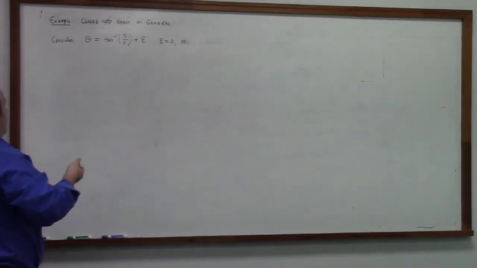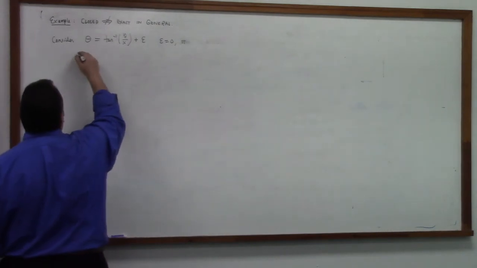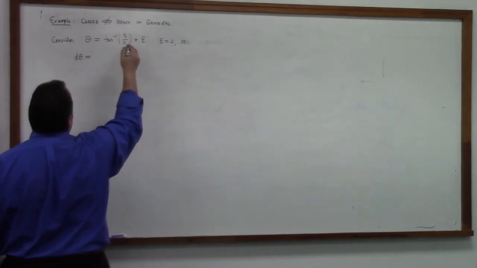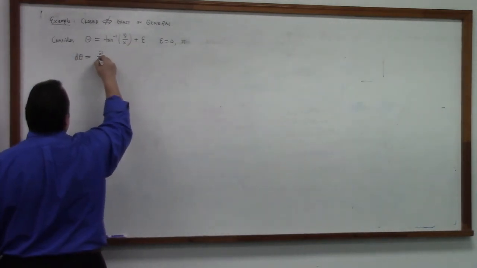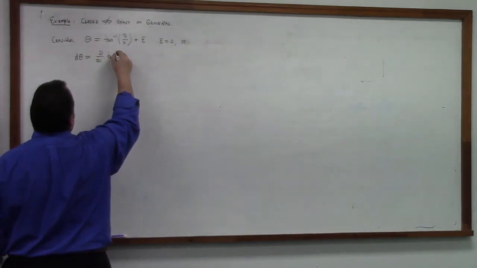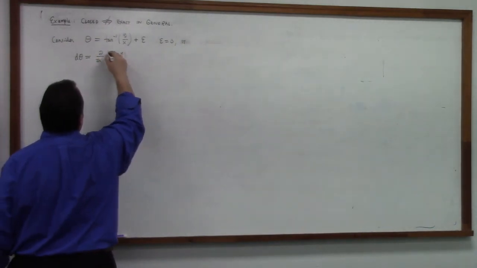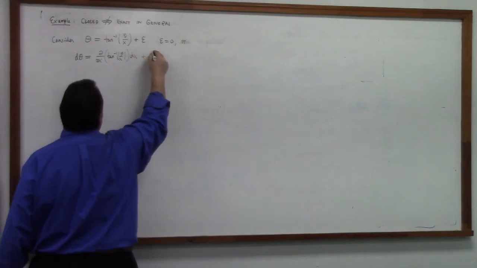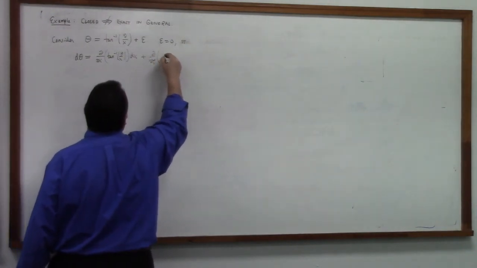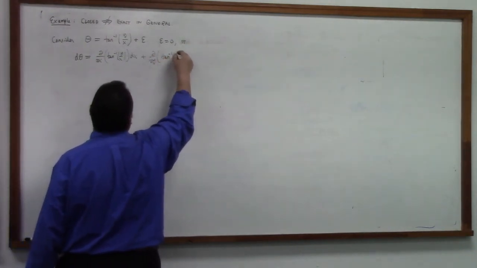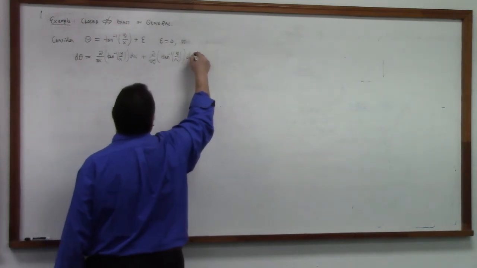So, long story short, d theta is what? Partial x of inverse tangent of y over x, dx, plus partial y of inverse tangent of y over x, dy.